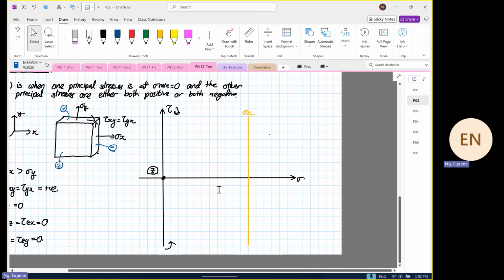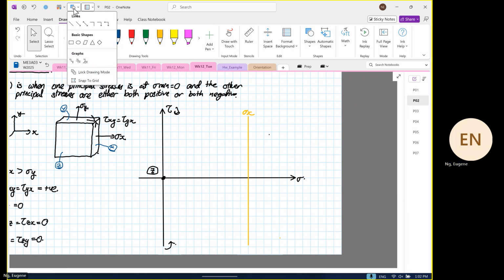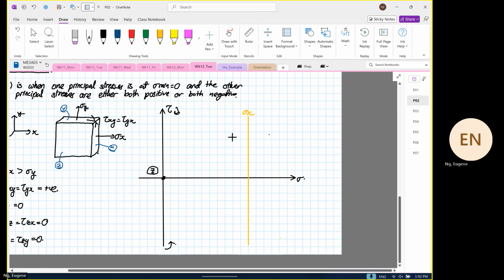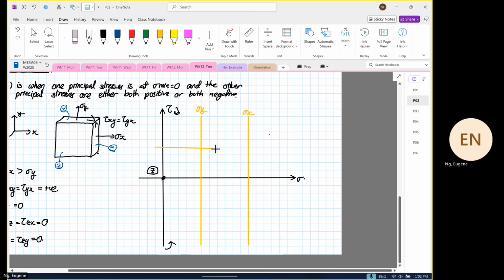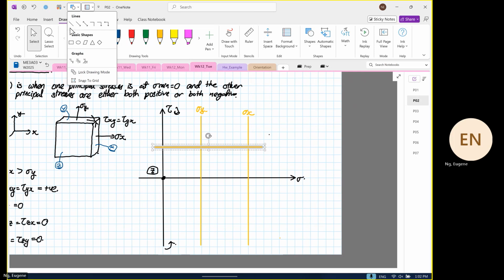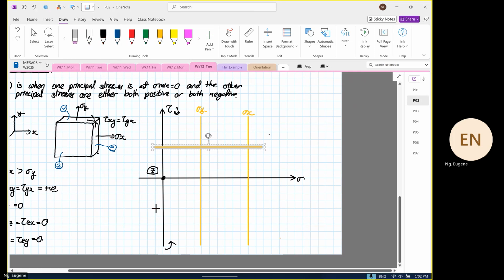And then we have our Y. And then we have our shear. Okay.